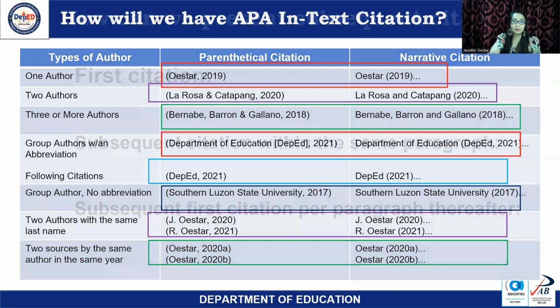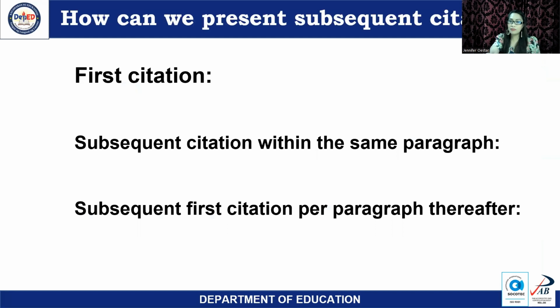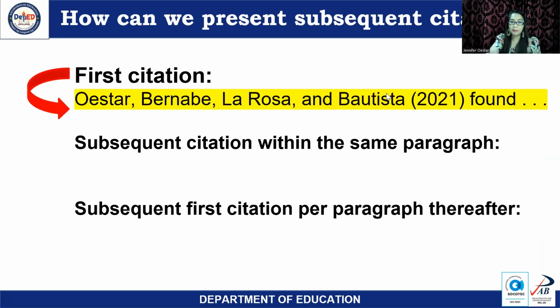So next, how can we present subsequent citations? What do you mean by subsequent citations? First citation: Ostar, Bernabe, La Rosa, and Bautista, 2021, found. Subsequent citation within the same paragraph.